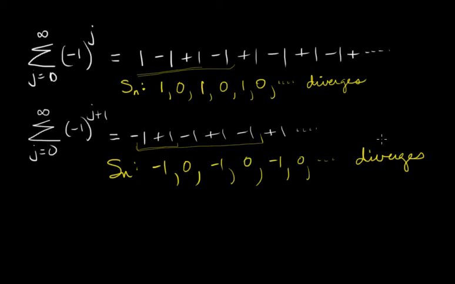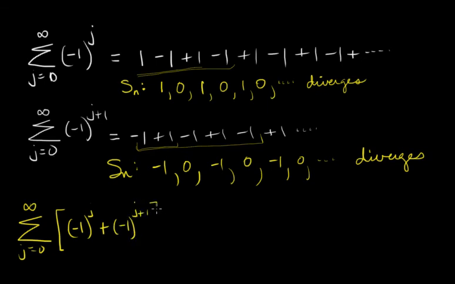So these two series are not convergent series. We can't use them in any type of algebra or adding them together or doing anything at all with them because they have no meaning. However, notice if I write a series this way, the sum from j equals 0 to infinity, and I make my jth term -1 to the j plus -1 to the j plus 1. In other words, if this up here is a sub n and b sub n, here I have the sum of a sub n plus b sub n.